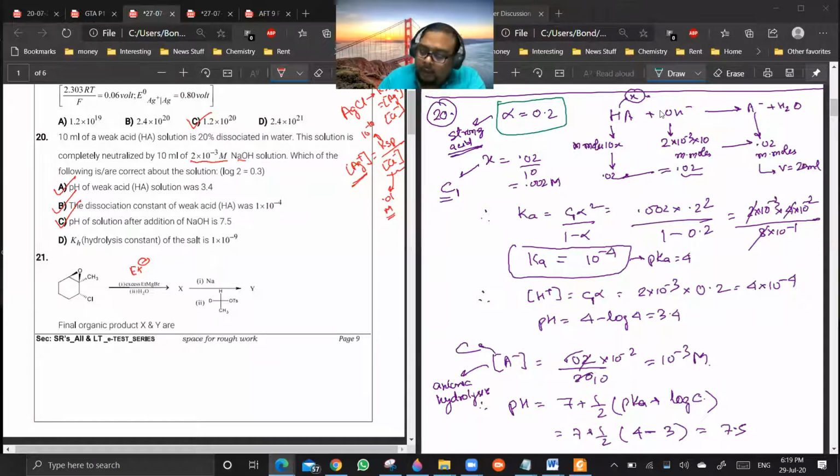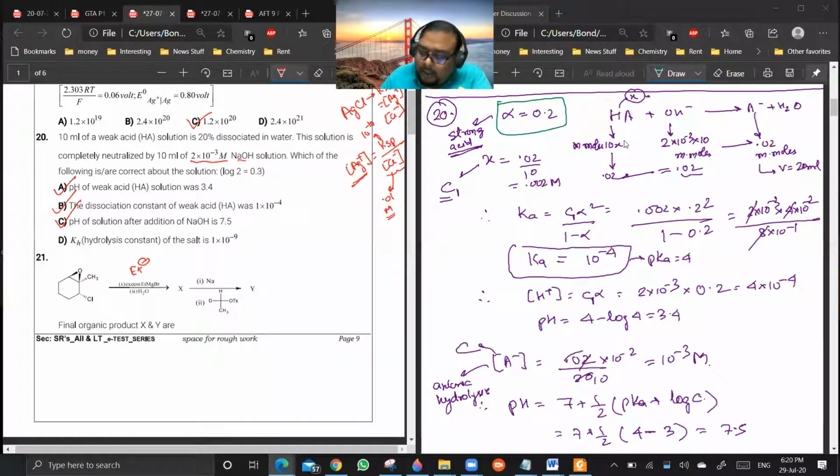Now you see, what are the millimoles of OH minus? It will be molarity 2 into 10 to the power minus 3 into volume, which is 10. So 2 into 10 to the power minus 3 into 10 will be the millimoles of OH minus, and that should be equal to millimoles of HA.